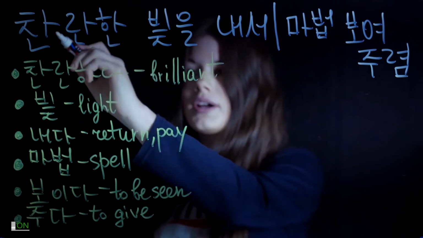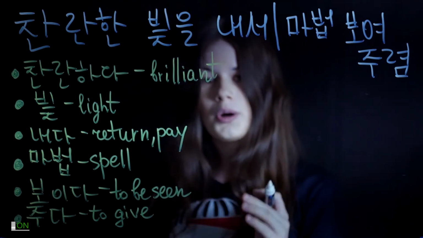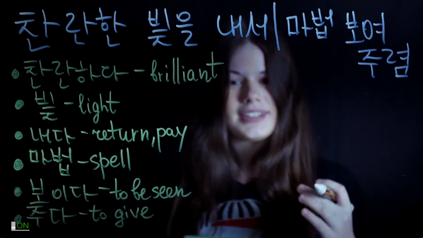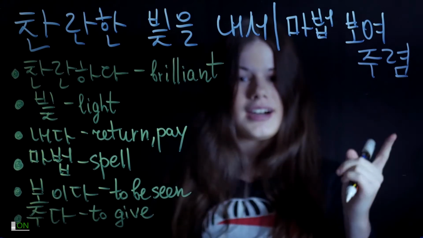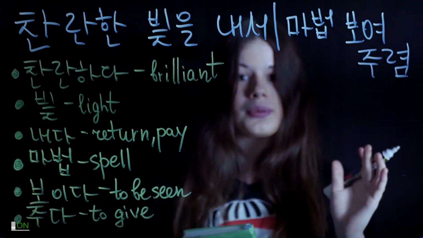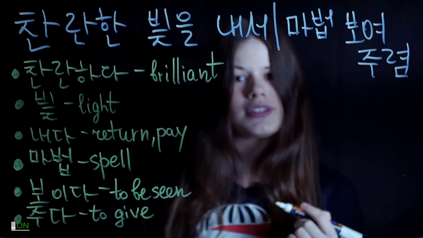But if you're wondering why I say 찬란한, then you should check out Korean reading rules. I will leave a link to this in the description box and also somewhere right here, because you would be missing really important stuff.